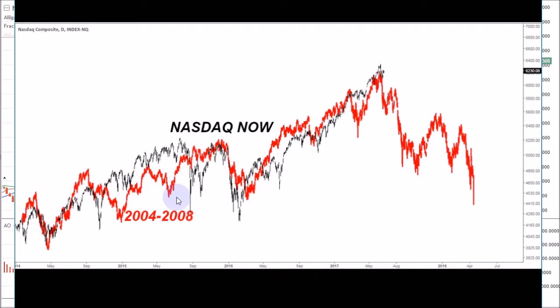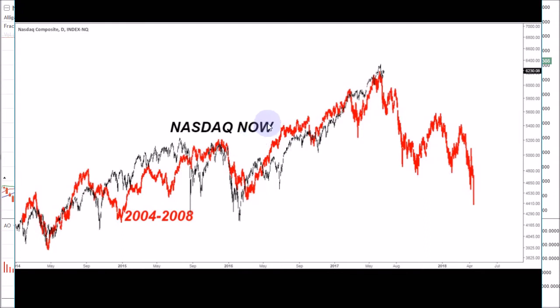In this chart, what you see people doing is they have a current price of something, in this case the Nasdaq, and they will go back in time and look for a time period where the price pattern of the underlying market has been similar to the current developments.